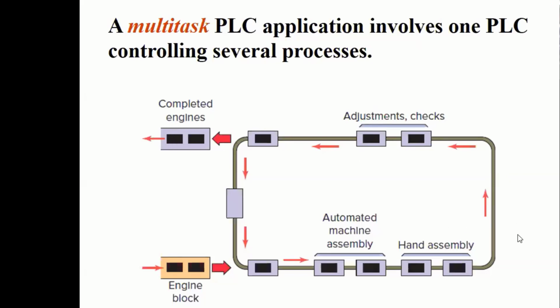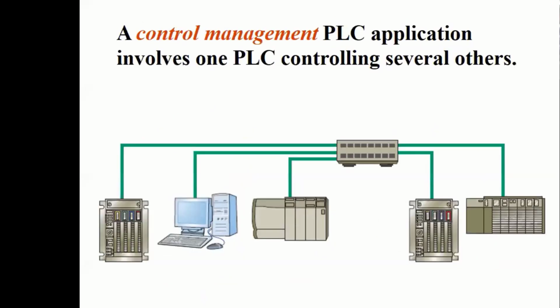So that's a production cell almost, where a PLC is controlling. You also can have control management PLC applications, which involves one PLC controlling several other PLCs. So basically, you have a little network, right, of PLCs interacting with other PLCs and other peripherals on the network.